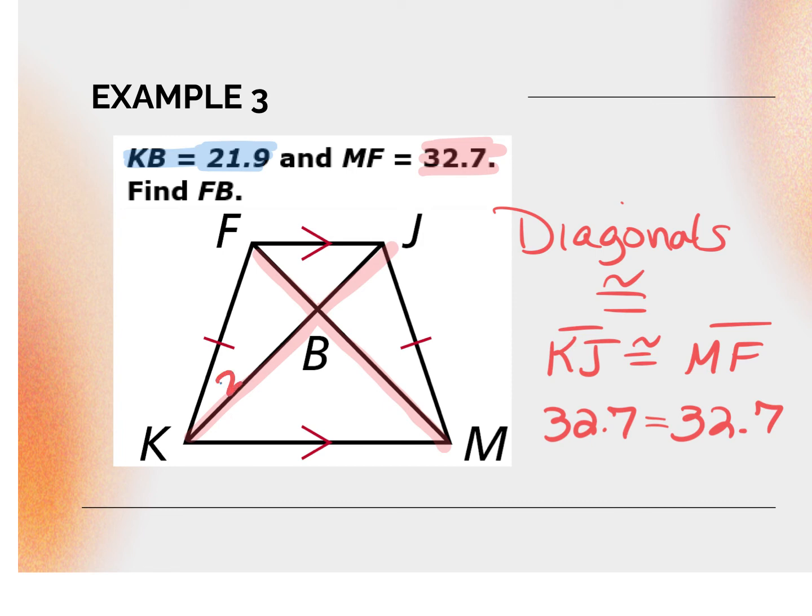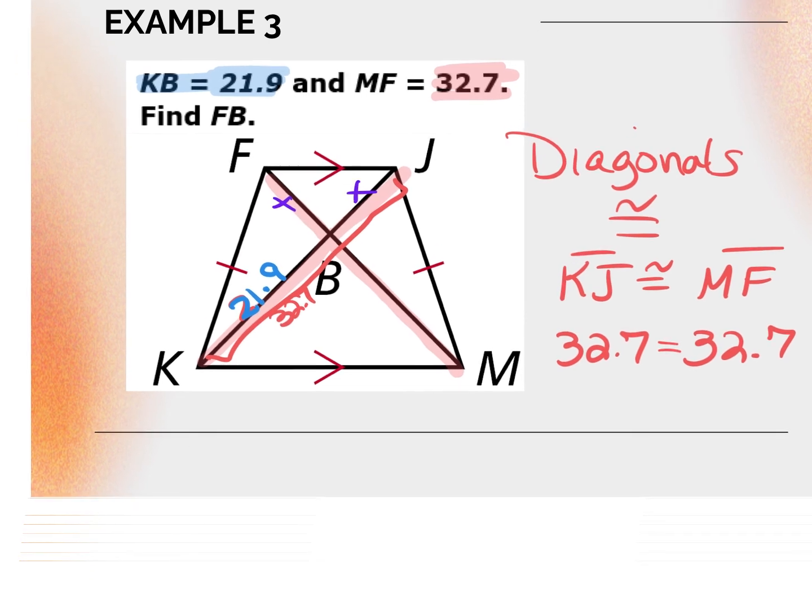So this is 21.9, but the whole thing is going to be 32.7. What I need to do here is find this piece, which is going to be the same as this piece, which is what I'm looking for.